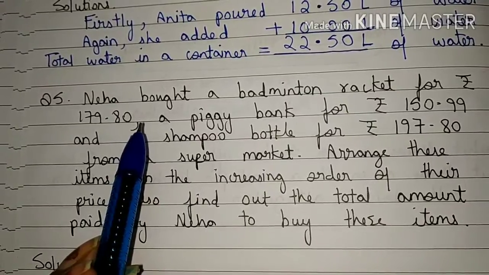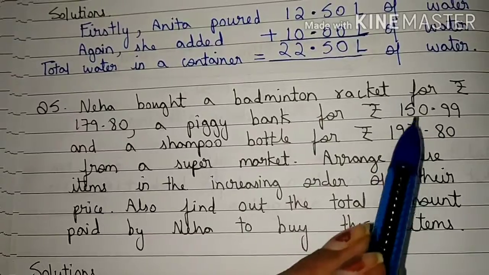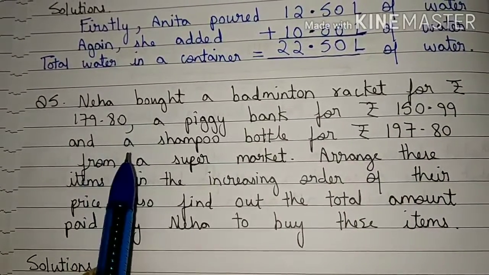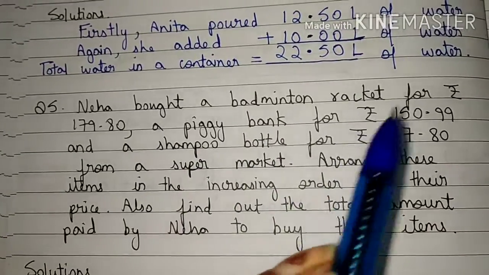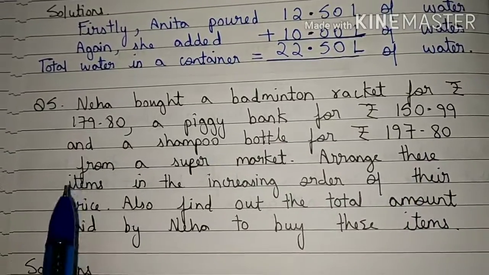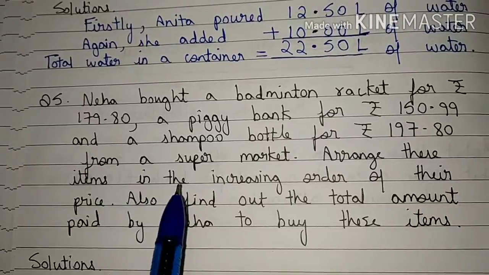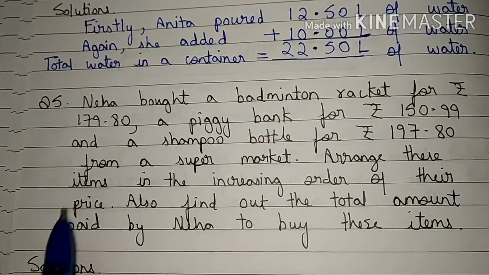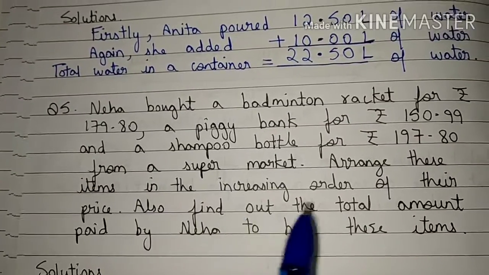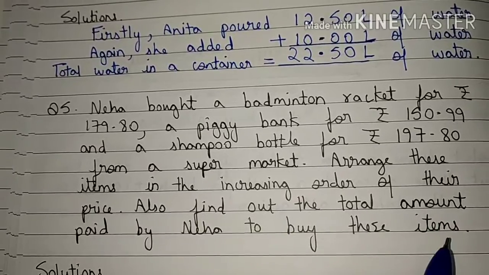Then she also purchased a piggy bank for rupees 150.99. After that, she also purchased a shampoo bottle for rupees 197.80 from a supermarket. Arrange these items in the increasing order of their price. Also find out the total amount paid by Neha to buy these items.